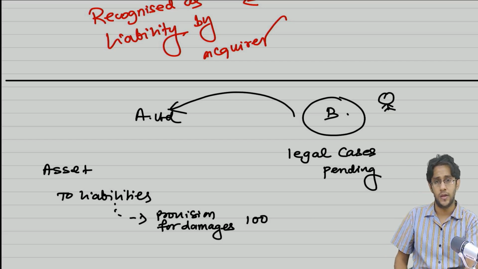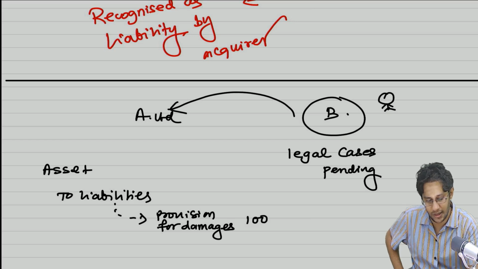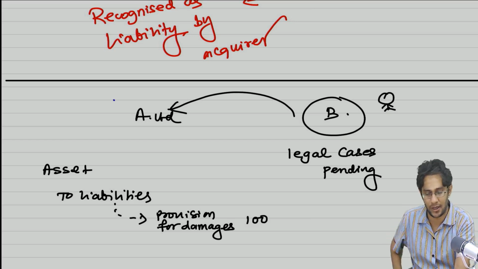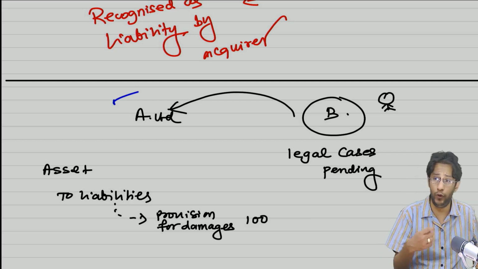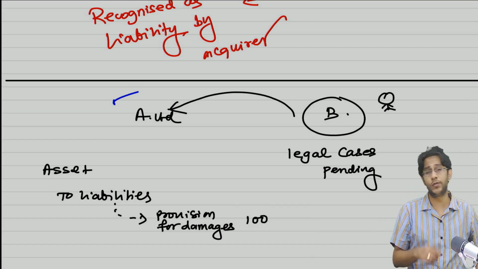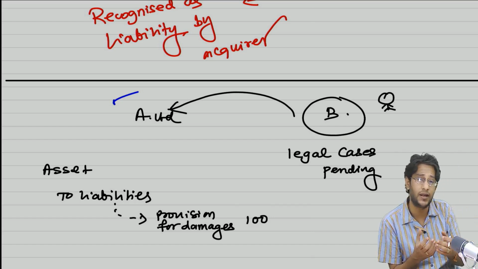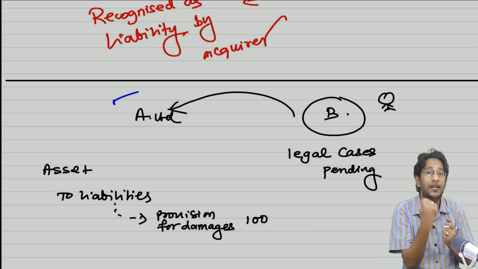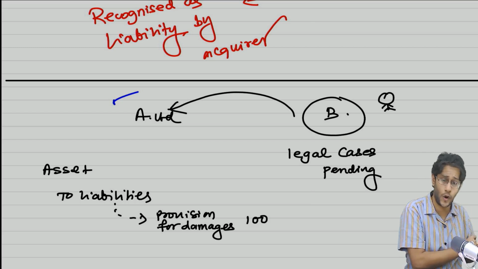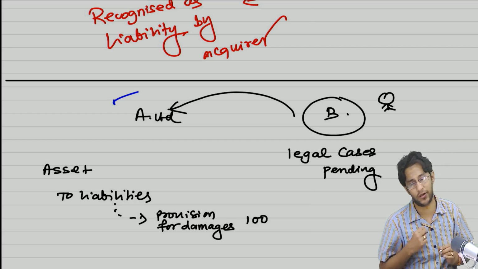That means, in case this liability is eventually paid by A Limited, in that case, B Limited's old owners, to whom we are presently giving PC, those people are agreeing to compensate us by reimbursing some amount. So this right to receive money in case I suffer a loss is called an indemnification asset.